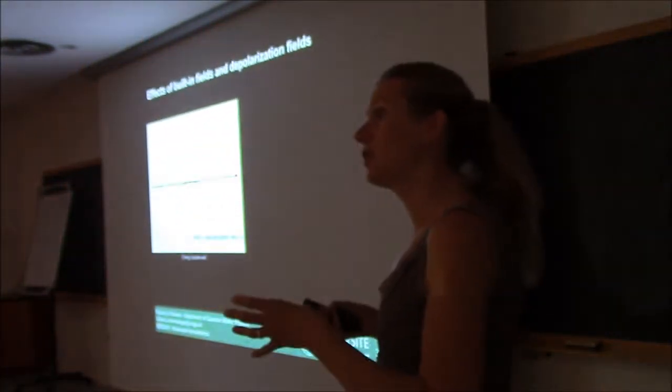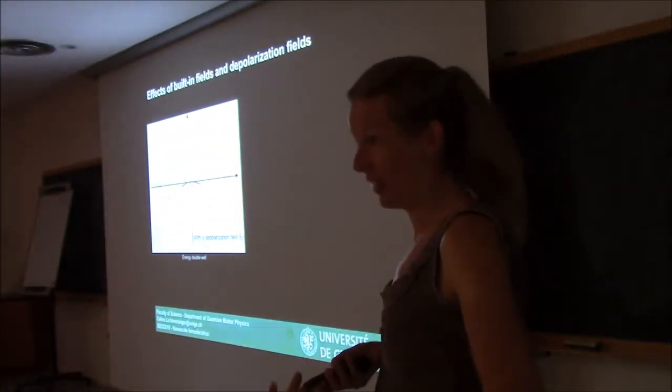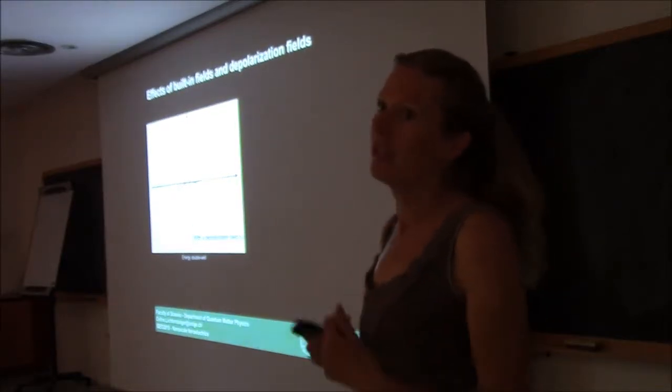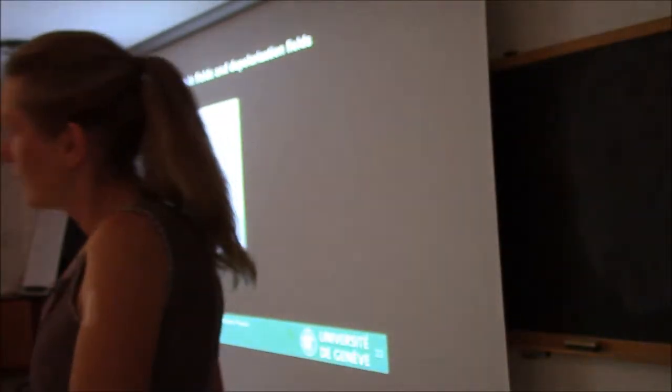This is an effect that is completely symmetric because the depolarization field depends on the polarization, and so when you switch the polarization, the depolarization field will switch as well.